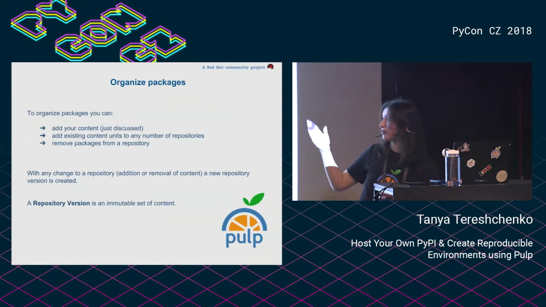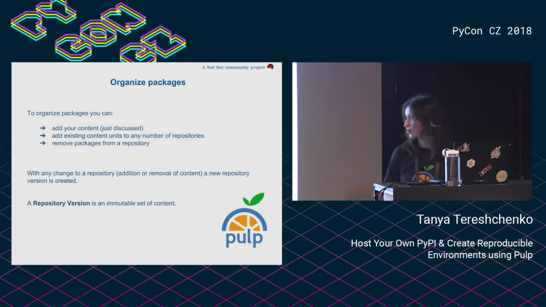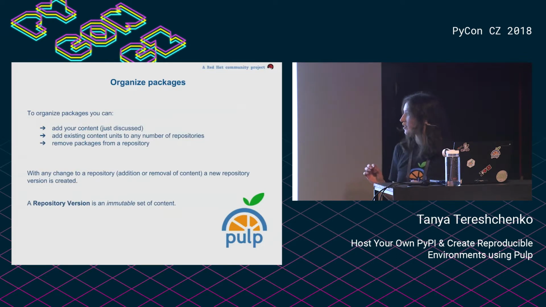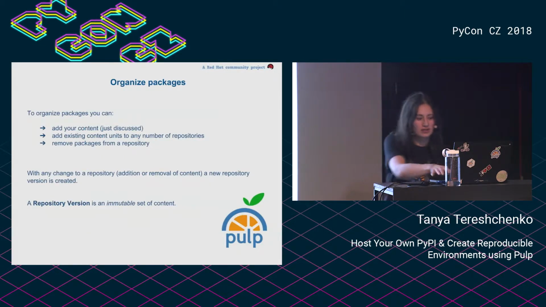And obviously, you can remove package from repository as well. So the important thing is that with any change to repository, you create a repository version. And so repository version is an immutable set of content. And it's very important, and it will help us a lot.